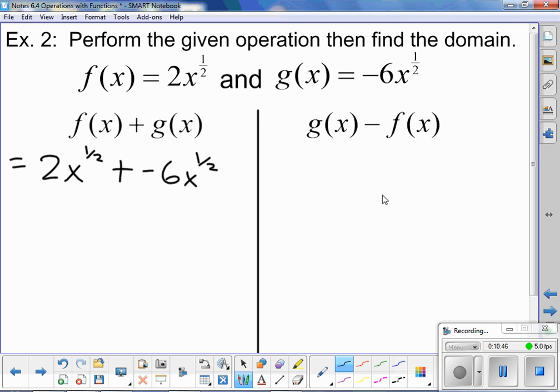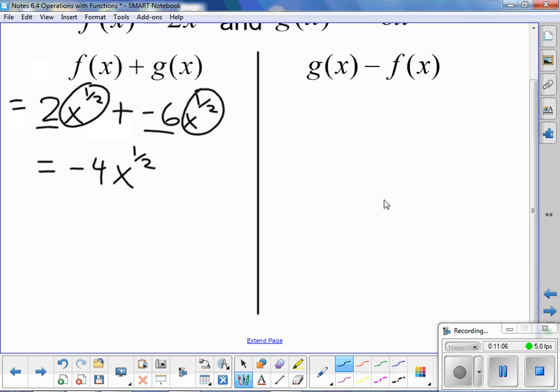We don't need any parentheses because these are just one term anyways. Looking at this, it looks like the last section. Last section we learned about like terms. Those two are like terms, which means that all you're focusing on is the 2 and the negative 6. 2 minus 6 is a negative 4, and then x to the 1/2 power. Now that's simplified, we combined all the like terms that we could.